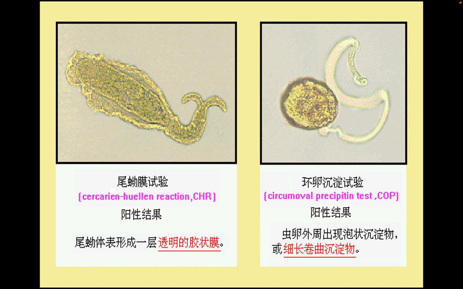If there's a reaction, there will be some glue-like things formed on the Schistosoma body because there is complement in the patient's blood, and so you can see this glue-like material circling the Schistosoma.